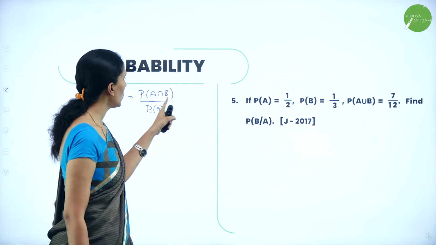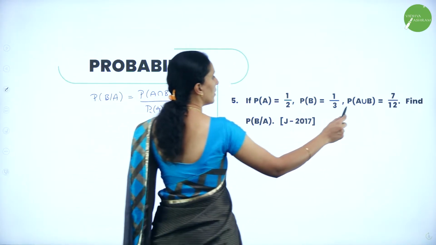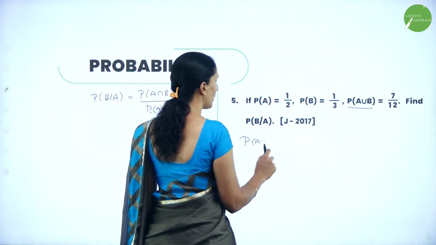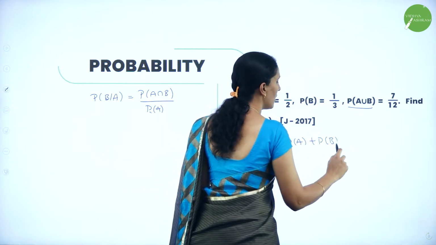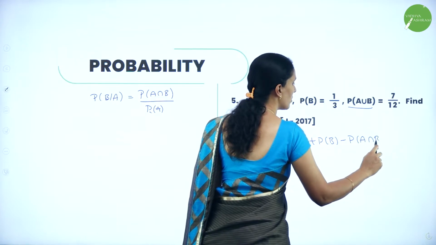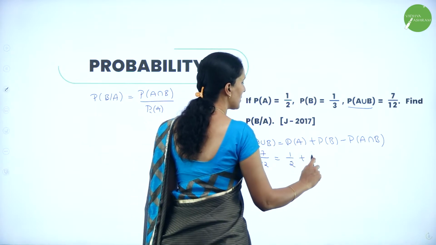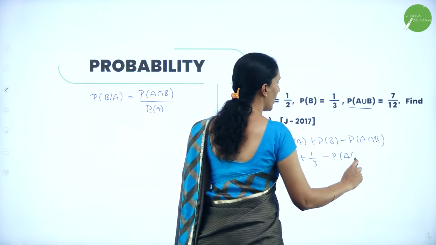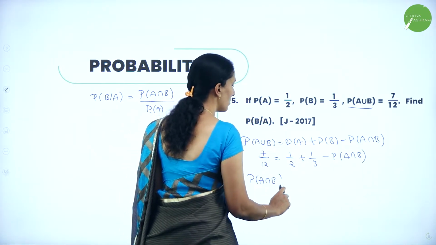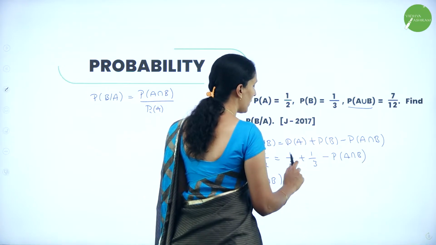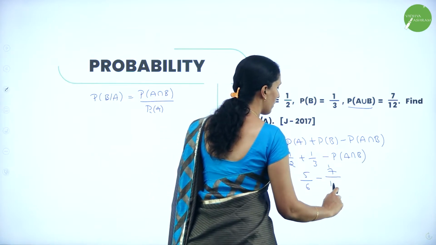Now we don't know the value of probability of A intersection B, but we have A union B. So using the expansion of probability of A union B, that is equal to probability of A plus probability of B minus probability of A intersection B. So here we have 7 by 12 equals 1 by 2 plus 1 by 3 minus probability of A intersection B. If we shift, probability of A intersection B is equal to 5 divided by 6 minus 7 divided by 12.